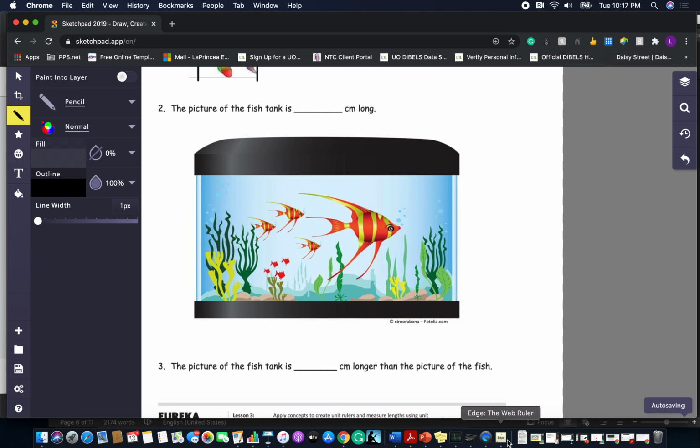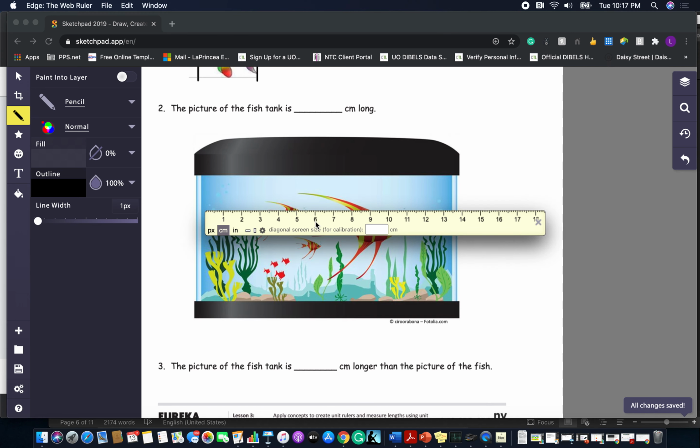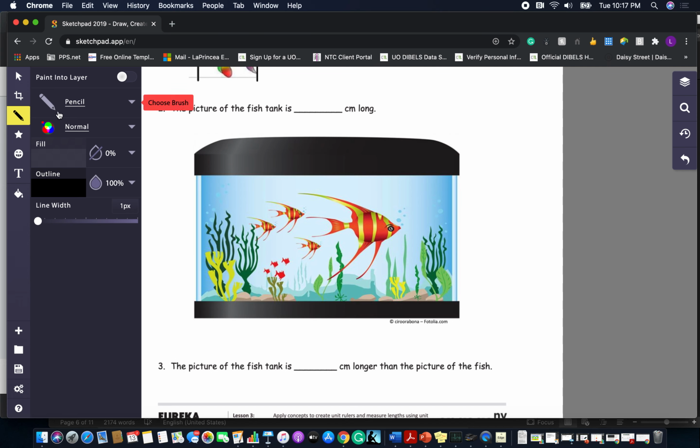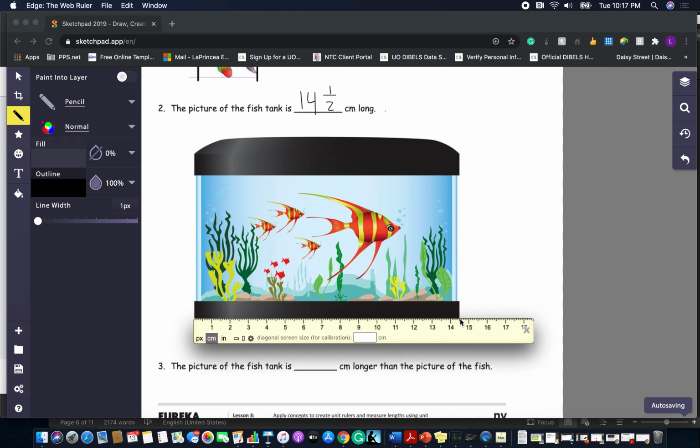And now I'm going to pull up my ruler again. It looks like this is about 14 and a half. So I'm going to say 14 and a half. And I'm saying 1/2 because this right here is right in the middle.